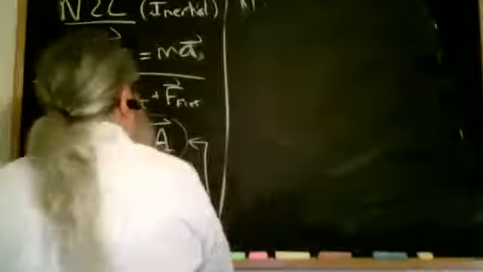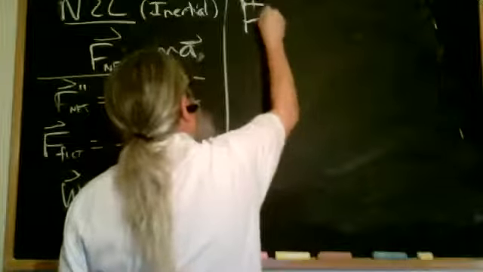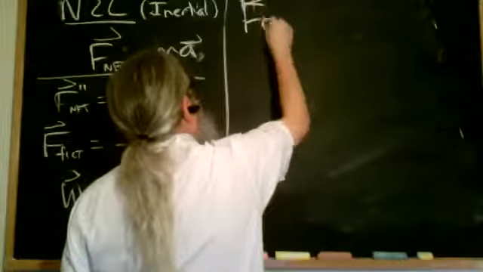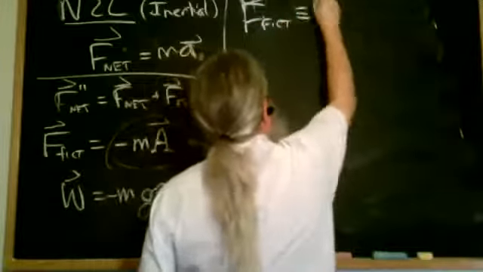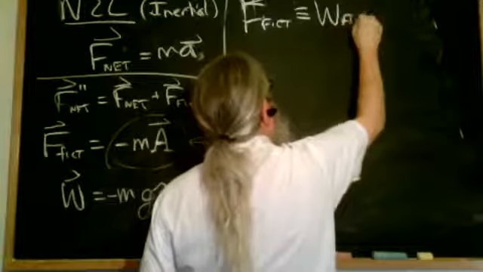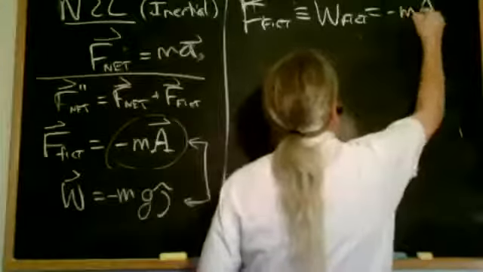In other words, the fictitious force could be thought of essentially as a fictitious weight, right? If I say F fict, I could relabel that, define that as a fictitious weight, whose value is equal to negative m times a.